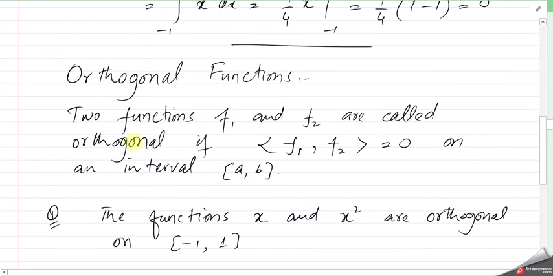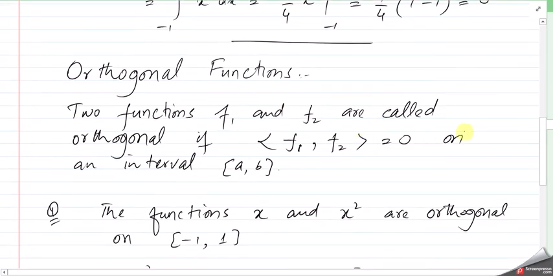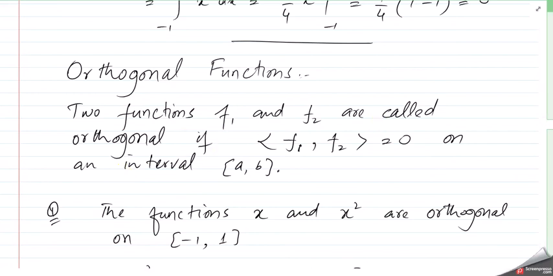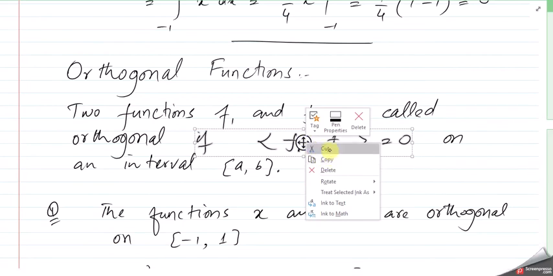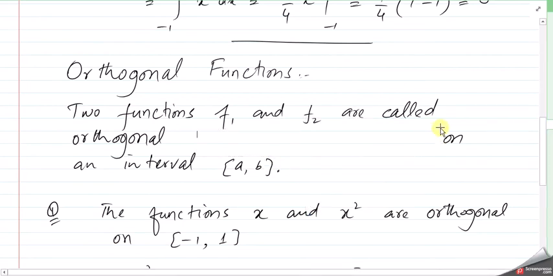So this is an important point to note in the definition of orthogonality, that two functions f1 and f2 are called orthogonal if their inner product is 0 on an interval a b. So the mention of interval is very important in the definition, although the wording should be a little bit improved.